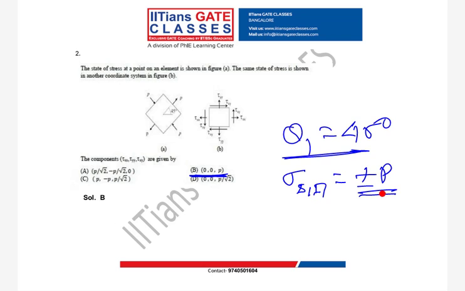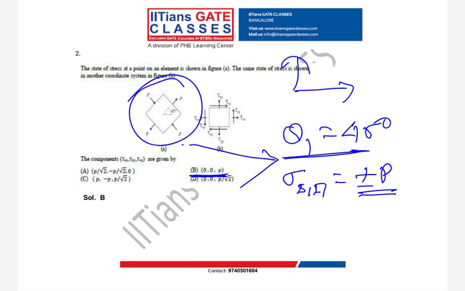So you can see here, this corresponds to the X and Y direction being a pure shear case. So this is clear. If you understand the pure shear case, without using any formula, you can answer this question.